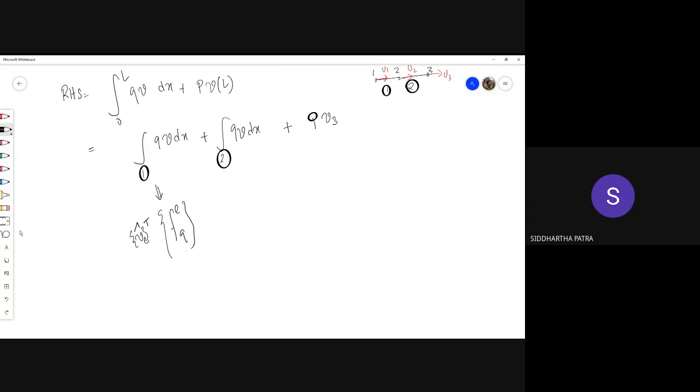So for the first element, it is going to be v1, v2, fq1, and fq2. Similarly, for the second element, it is going to be v2, v3 times fq1, fq2.